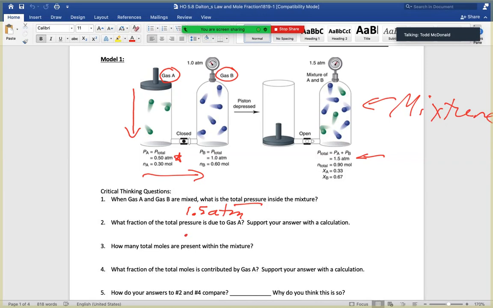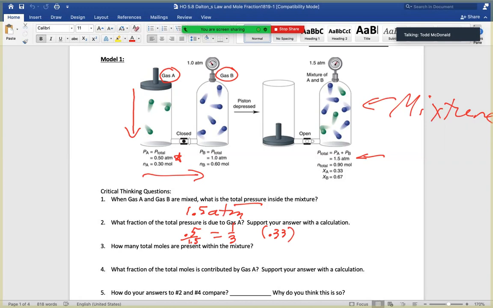So you take 0.5 divided by 1.5, and that's a 1-to-3 ratio, so a third of the pressure must be coming from A. In decimal form, that's 0.33. In science, we tend to like decimals instead of fractions.